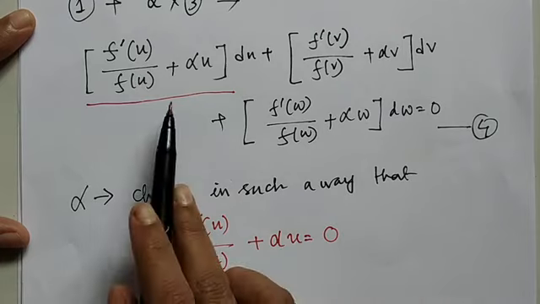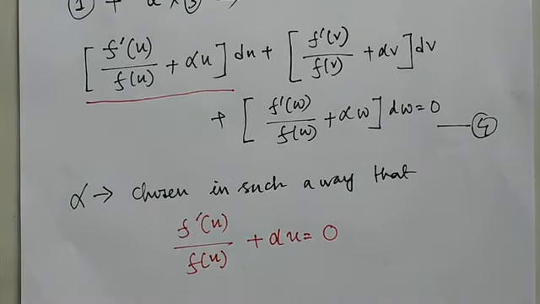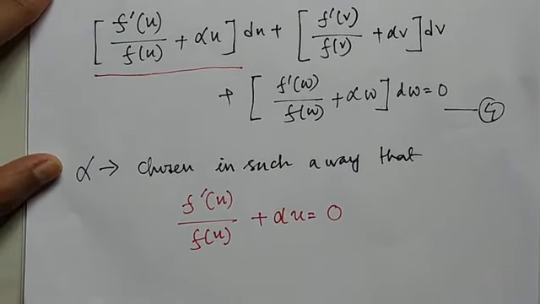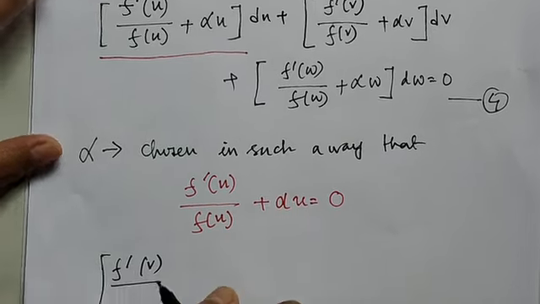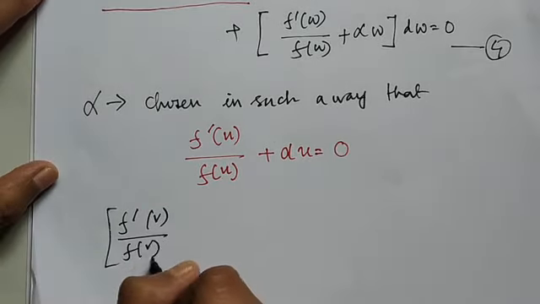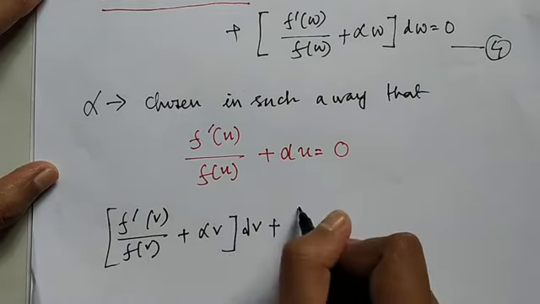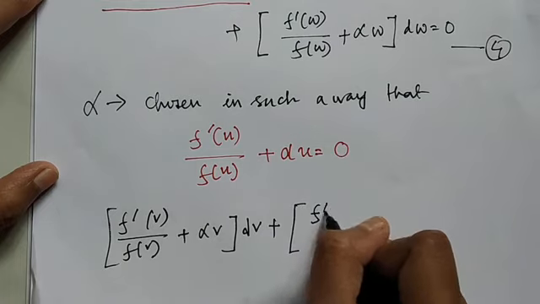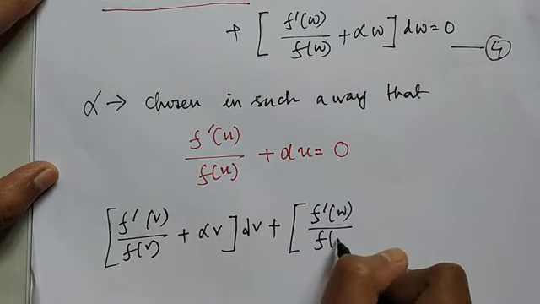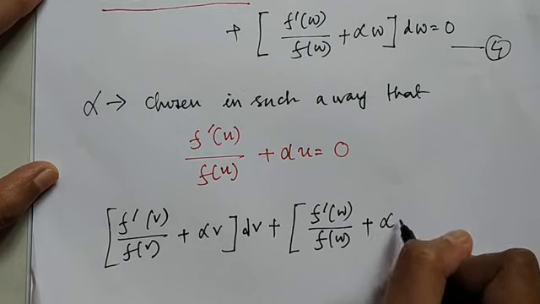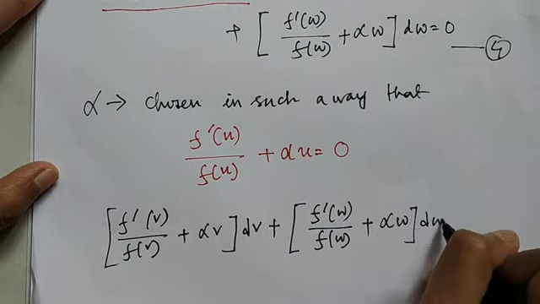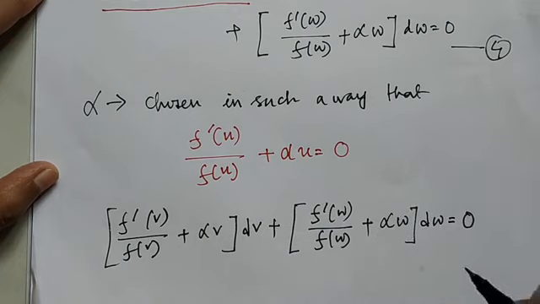Therefore, if this is 0, equation 4 takes the following form: f prime v by fv plus alpha v dv plus f prime w by fw plus alpha w dw equals 0. This is equation 5.